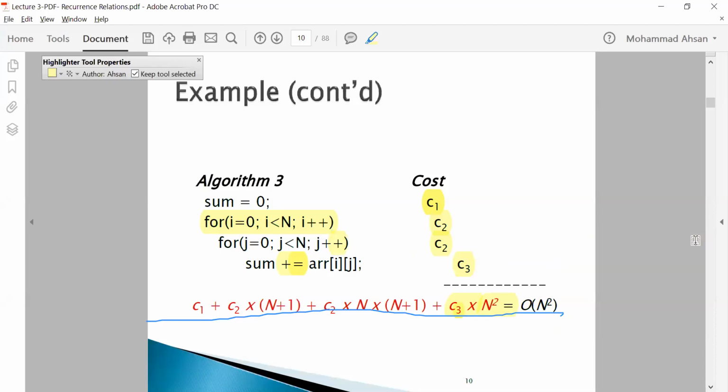You visit that C2 into n plus 1, the first loop size and the second loop size. And this one you visit C2 into n plus 1 here, and C1 is the cost of the initialization. So you add all of them together, you'll see you get a polynomial and the highest degree is n square. So it is O of n square.